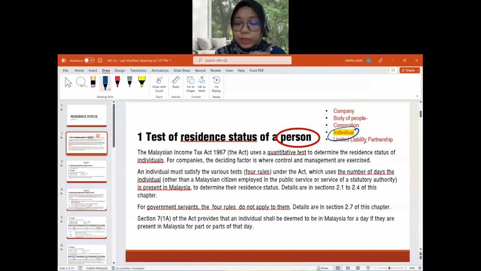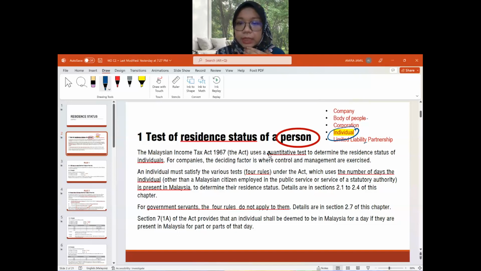For an individual, they must satisfy the 4 rules. The 4 tests use the number of days the individual is present in Malaysia. Individual means whether they are a Malaysian citizen or a non-Malaysian citizen, the foreigners.